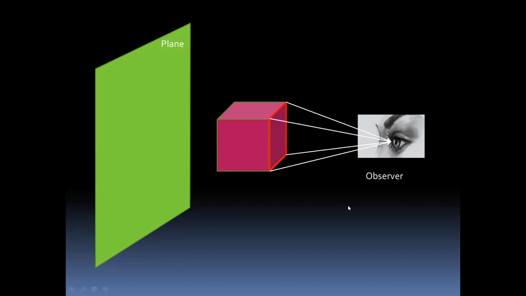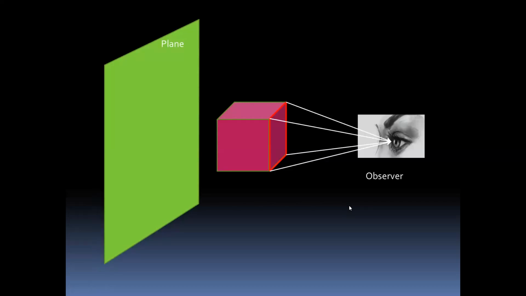You can observe this projection method. So this is the projection. We are just extending these rays or lines from the eyes of the observer onto the imaginary plane.